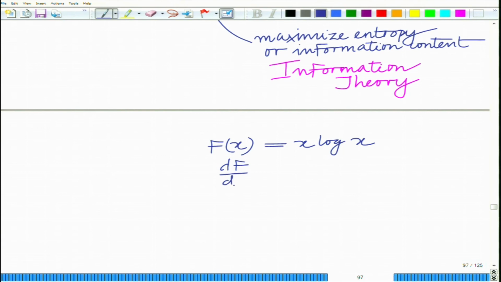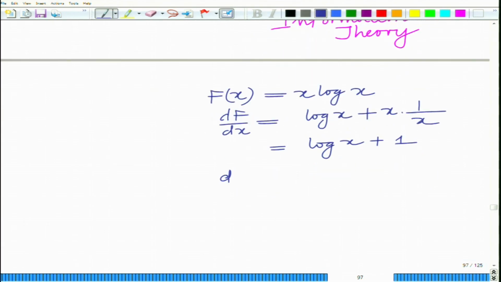You take the first derivative, using the product rule: first differentiate x with respect to x, that is 1 times log x plus x into the derivative of log x, which is 1 over x, which is basically log x plus 1. And now, if you look at the second derivative, that will be the derivative of log x, which is 1 over x plus 0, which is 1 over x, that is greater than or equal to 0.